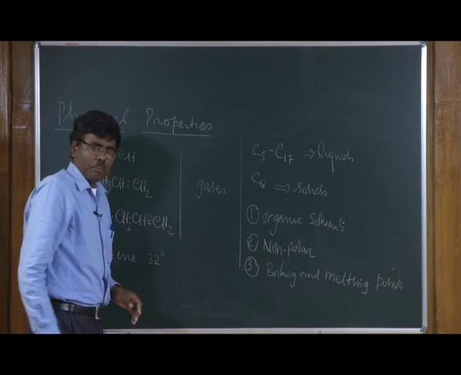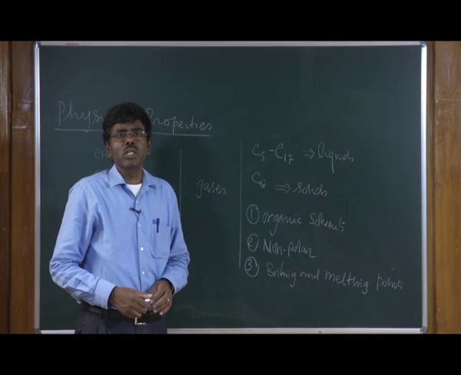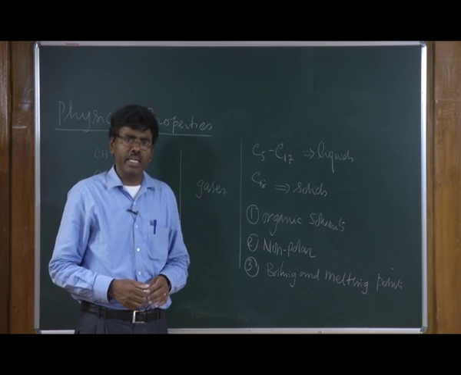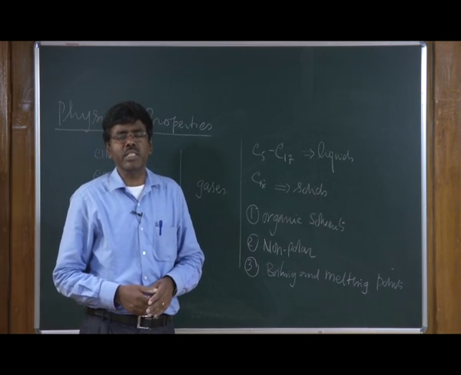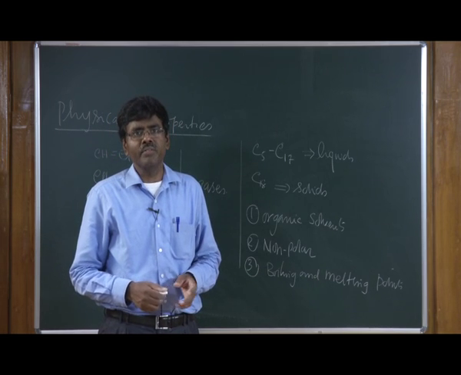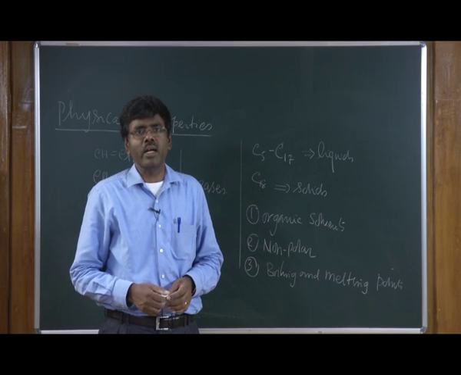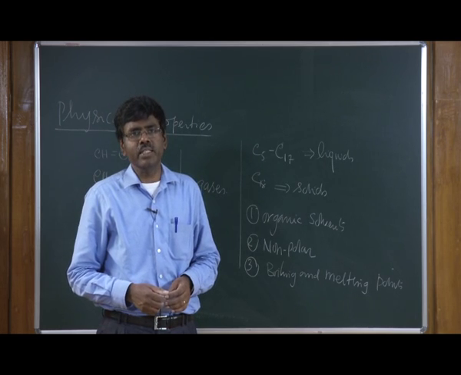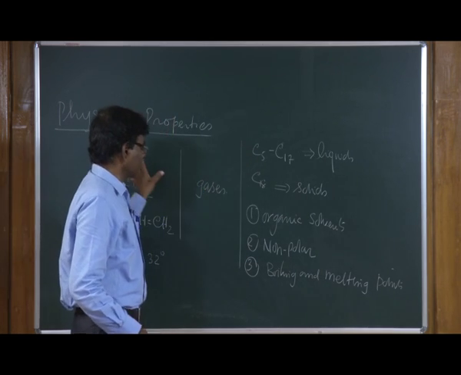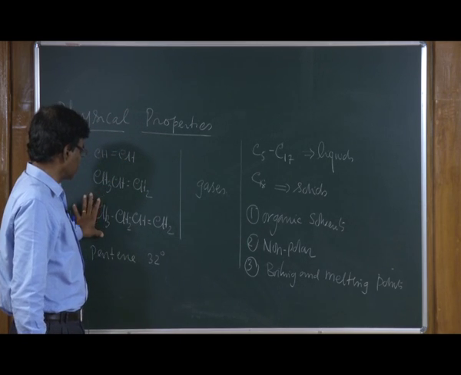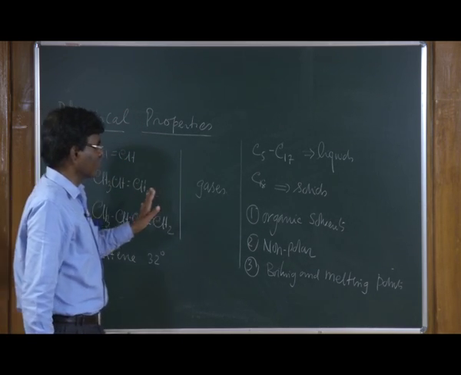In summary, in this class we have seen the first part of alkenes: the structure and bonding of ethylene, then the nomenclature and isomerism, then the preparation of alkenes, then the physical properties of alkenes. The first three members of the series are gases at room temperature.